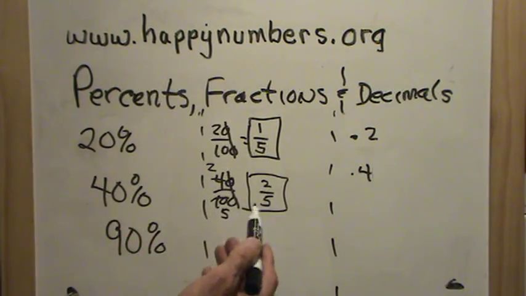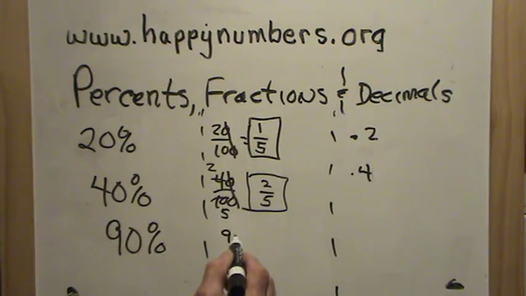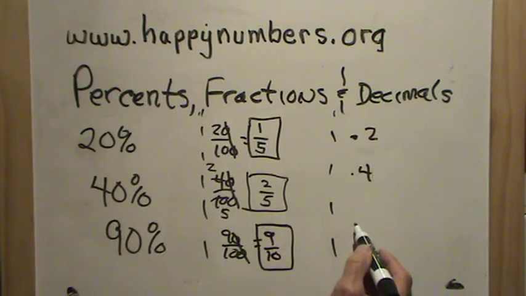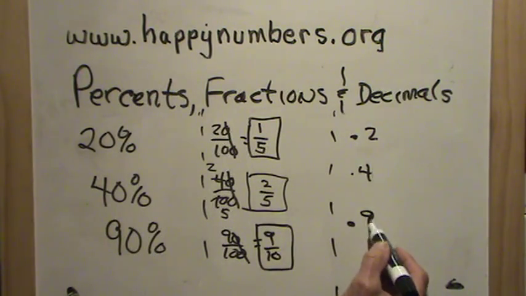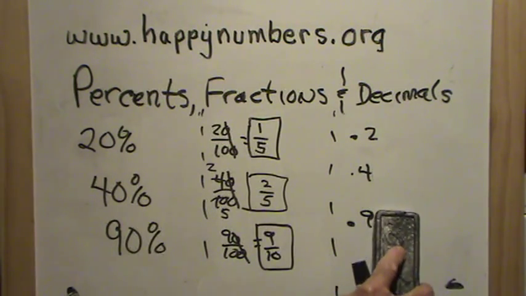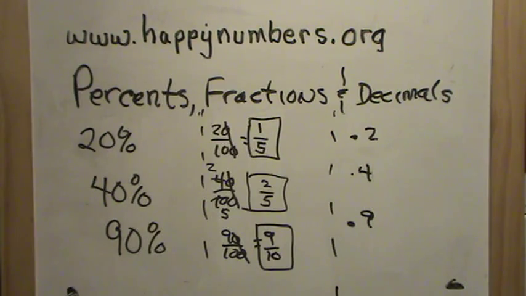It would be 2/5. Let's try 90%. Well, 90 over 100, cross it out, equals 9/10. Or, in decimal, 90 hundredths, and we can take that trailing 0 away, 9/10.